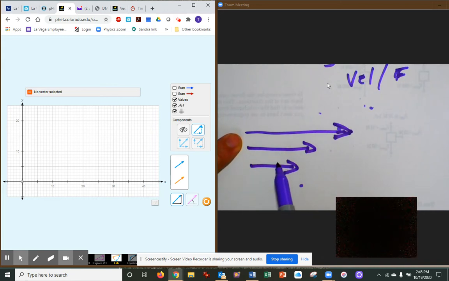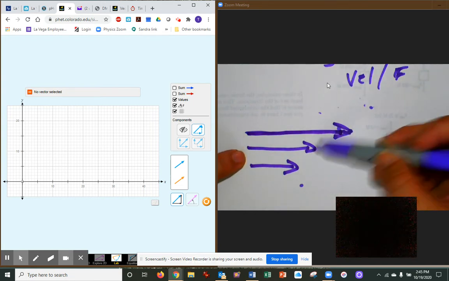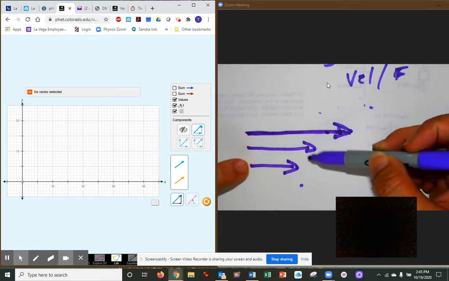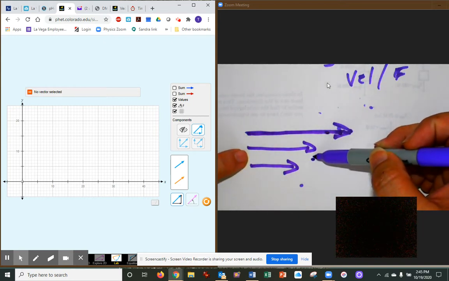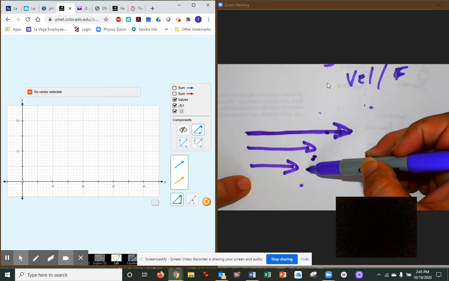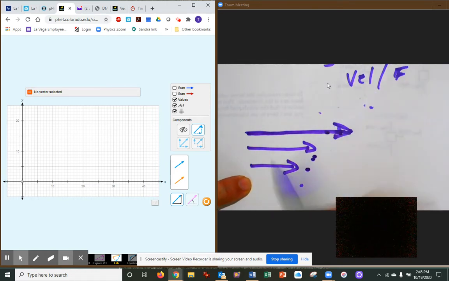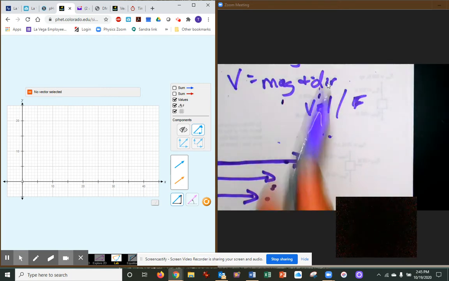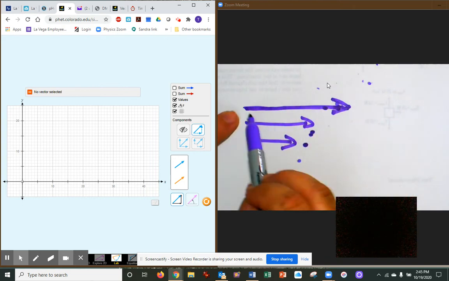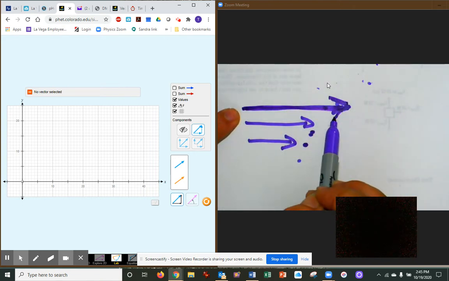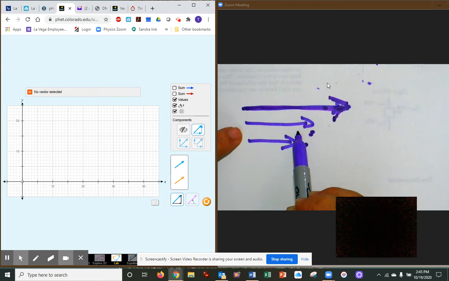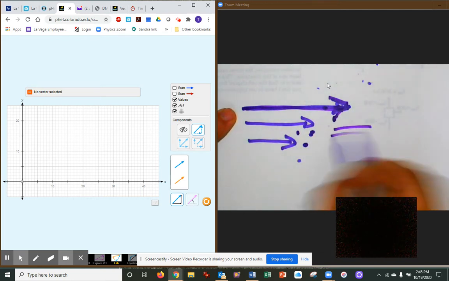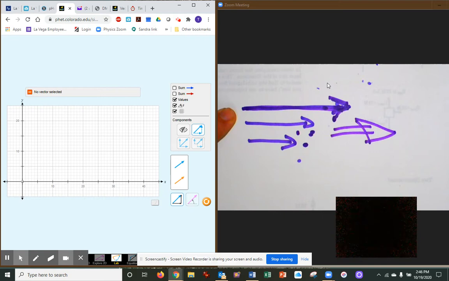To signify magnitude, the longer the arrow, the greater the magnitude. So this one is longer than this one, so this has a greater magnitude than this vector. This vector would have a greater magnitude than this vector. All 3 of them are going the same direction.